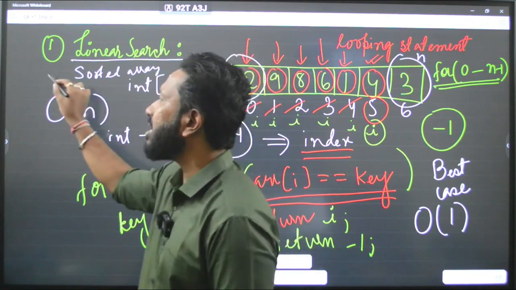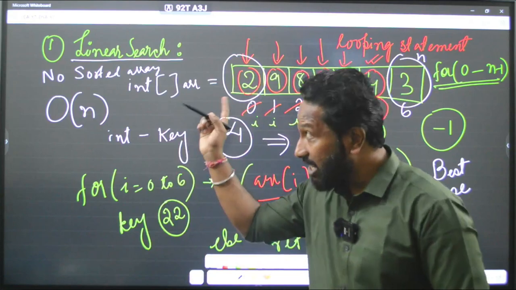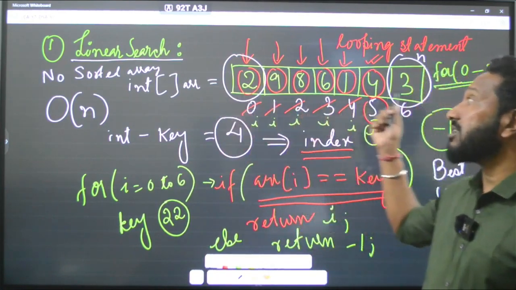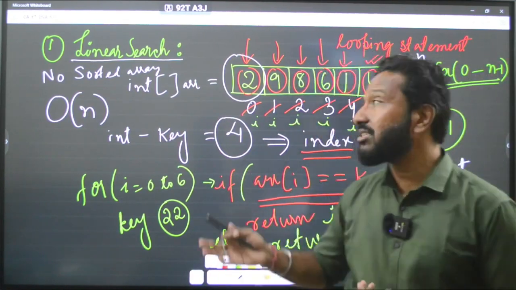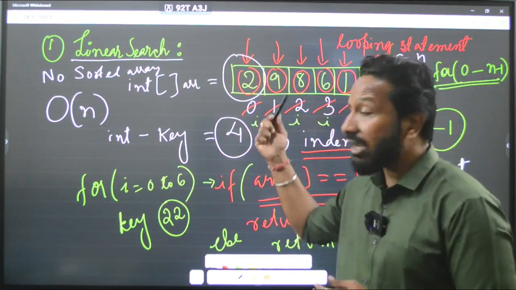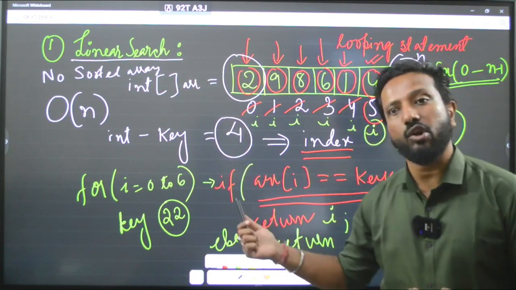The array can be in any order, ascending, descending, mixed order, it doesn't really matter, because it will just search for the key and then it will return the index if it is available, or else it will just say that the key is not found.